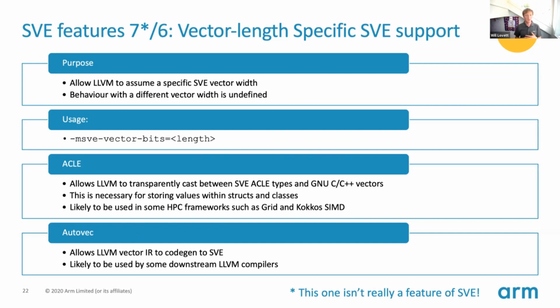And that makes it significantly simpler to implement what you need for LLVM to be able to support SVE. And we know that at least some of our partners care about this. They, for example, may have their own vectorizer, and they know the width of their SVE, and they want to generate standard LLVM vectorized IR using their auto vectorizer, and then code gen it. Then that's mostly for them.